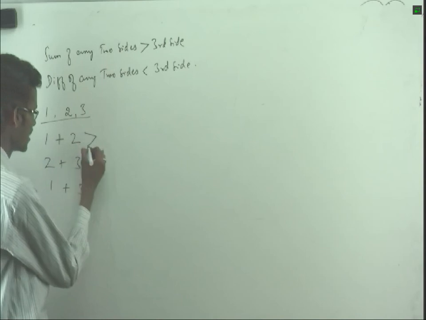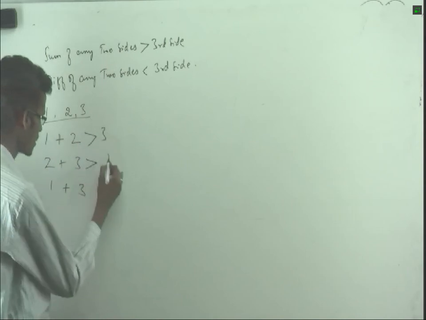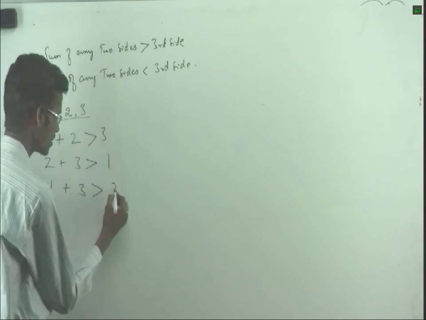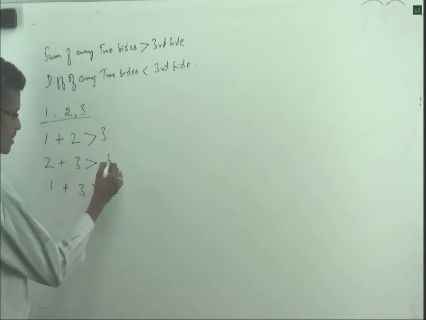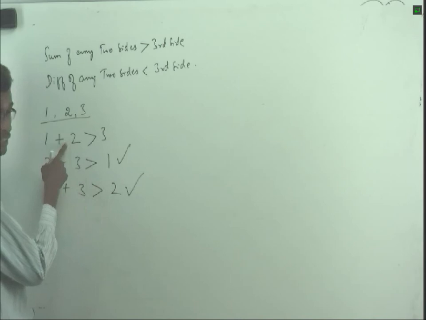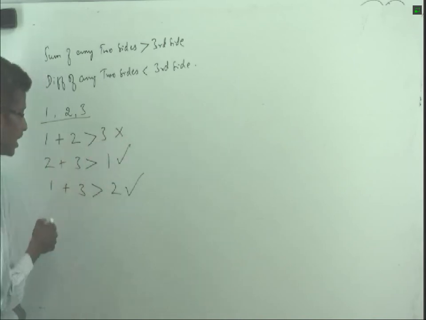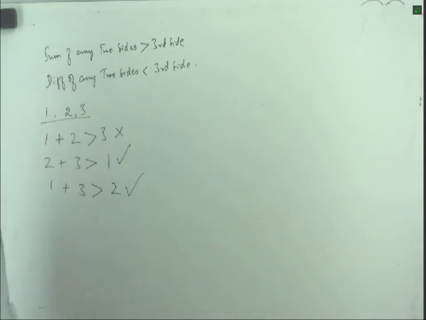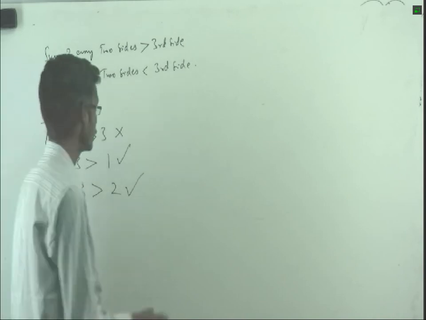Here, the remaining third side is 3. Here, the remaining third side is 1. Here, the remaining third side is 2. Whereas these two are true, because 5 is greater than 1, 4 is greater than 2, but here 3 is not greater than 3. So out of the three combinations, one combination did not work out. So, using these three numbers, we cannot form a triangle.